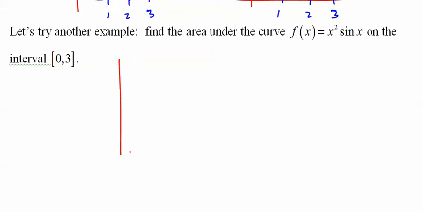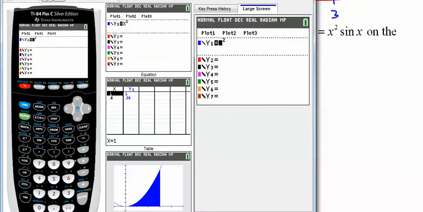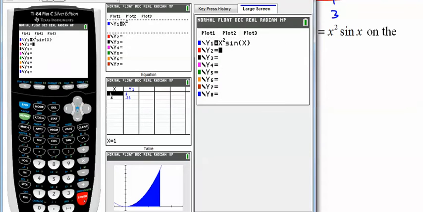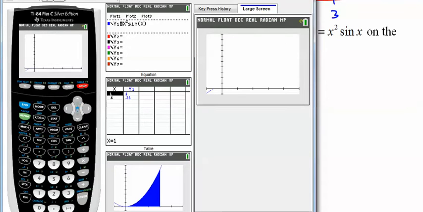I'm not going to do it. I'm going to see what it looks like on the calculator. X squared sine of x, I believe I used. Graph it. Alright.